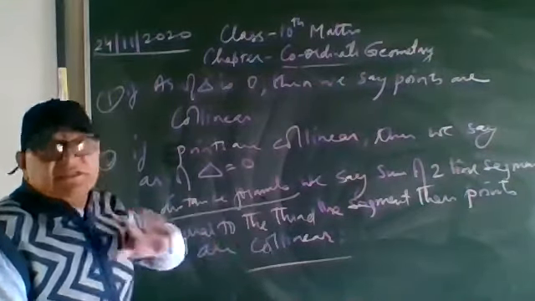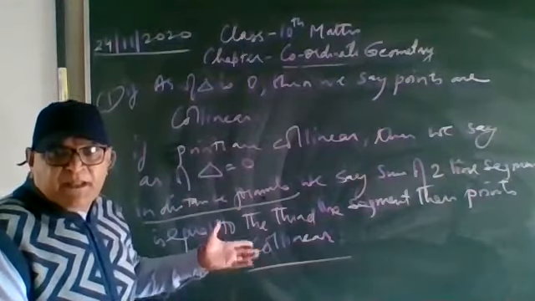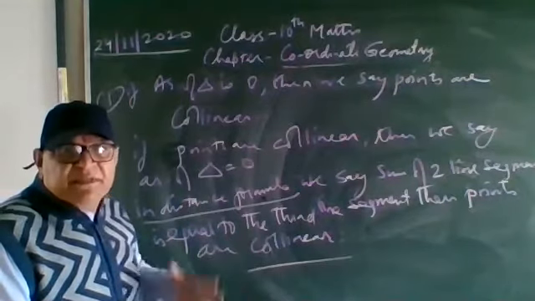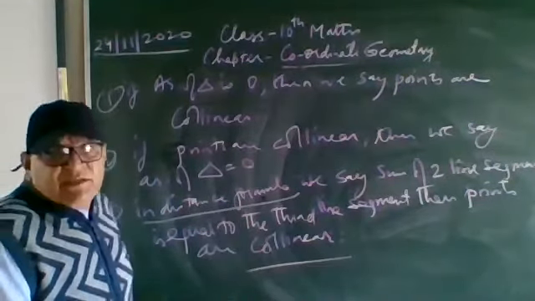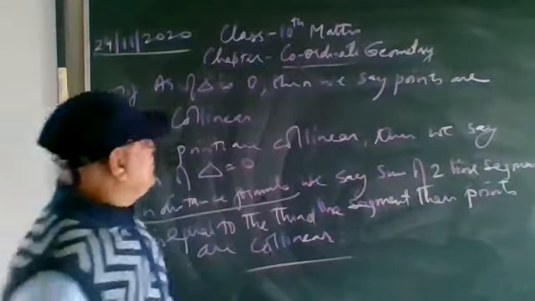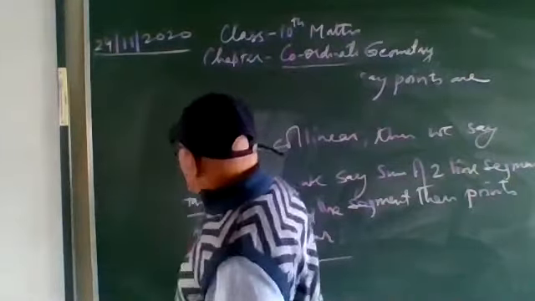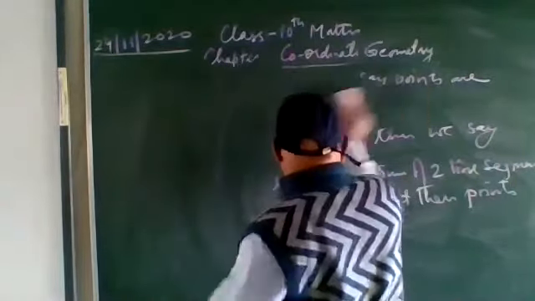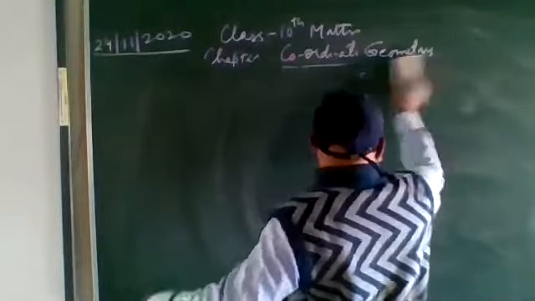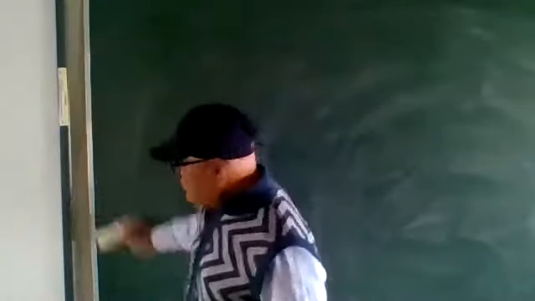This is the condition in the case of the distance formula. If A, B and C are given, find AB, find BC and find AC. If AB plus BC equals AC, then you say the points are collinear. That is the thing you can apply in the questions. Tomorrow in the next class we will be doing the questions of this chapter.